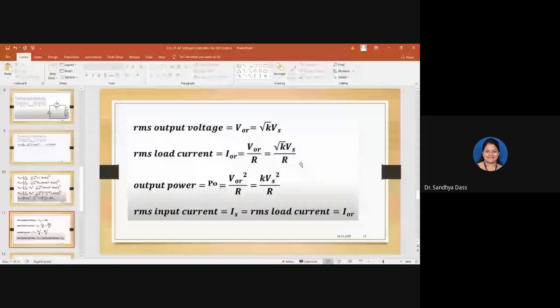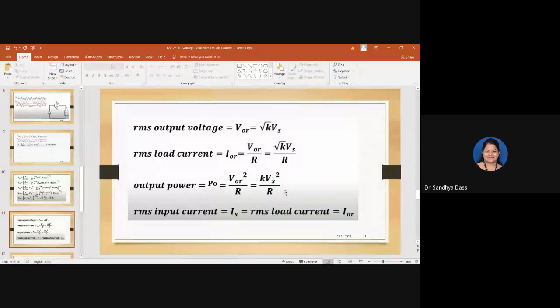Output power, P naught, can be written as V naught R square by R, so it comes to k Vs square by R. Or otherwise you can take it as I naught R square into R. Both ways you can write the output power.